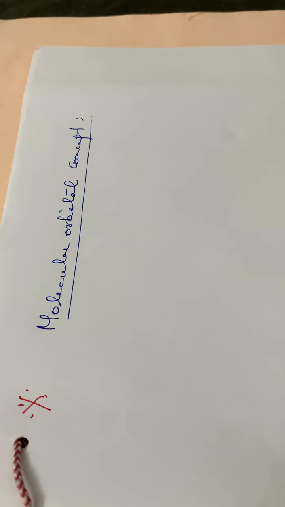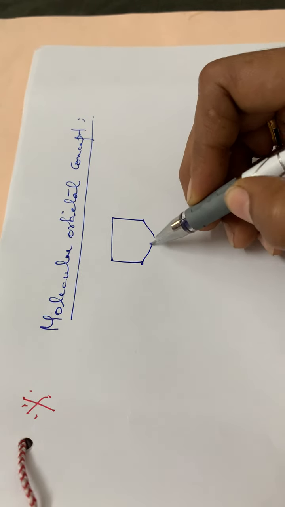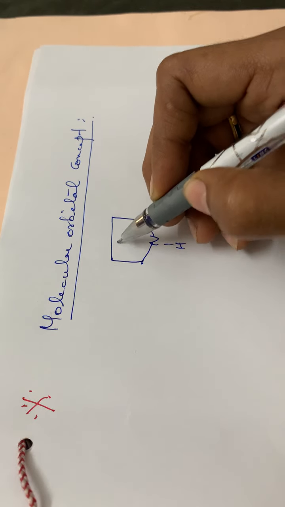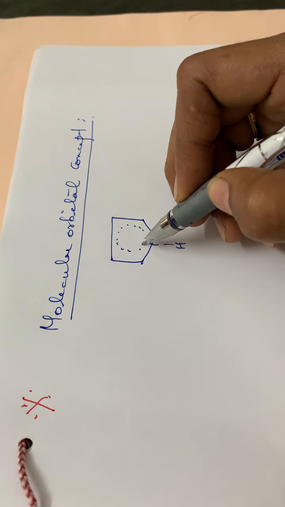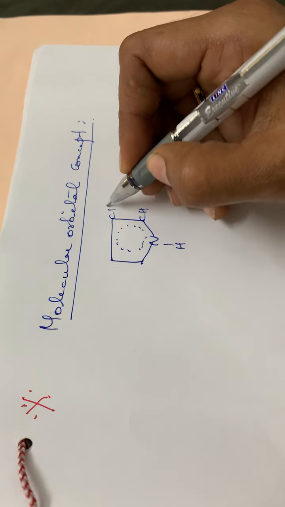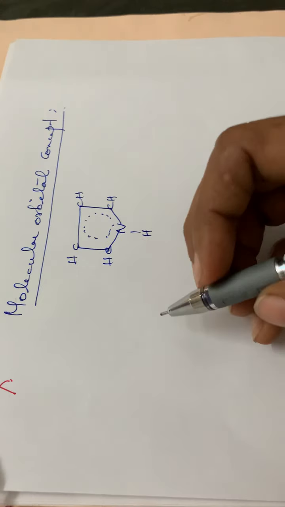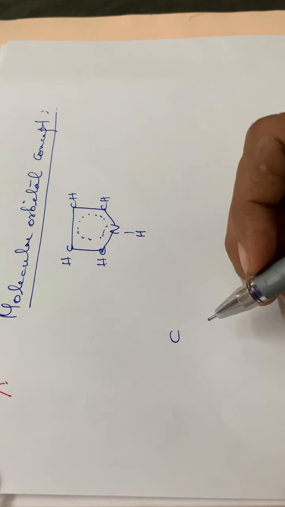See here in this molecular orbital concept, this is the structure of pyrrole: NH, then double bond, CH, CH, CH, then again CH. What about the hybridization of carbon in this structure?